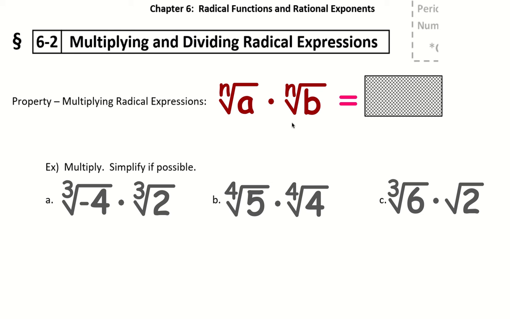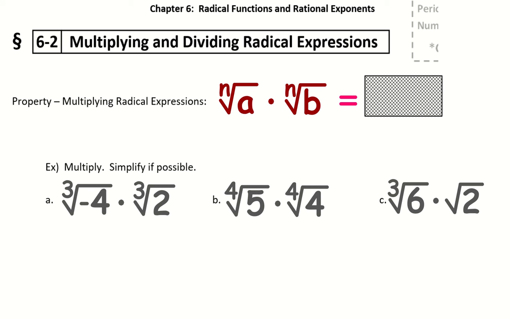Like if you had the square root of 2 times the square root of 8, you can say that's the square root of 16. So roots, as long as they're the same kind, like that's why the n and the n here have to match. So you've known for years you can multiply square roots together.